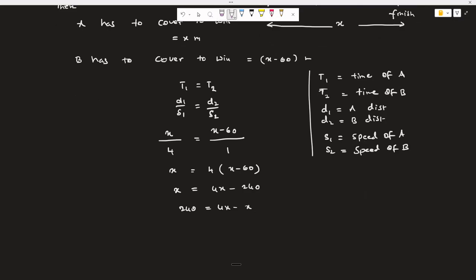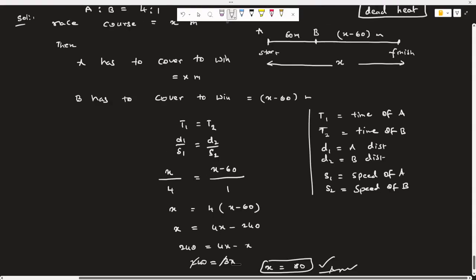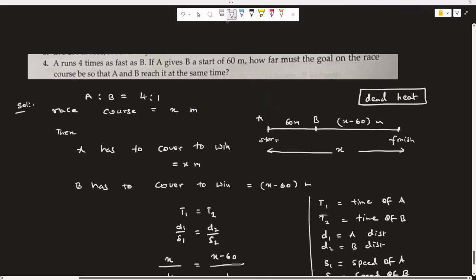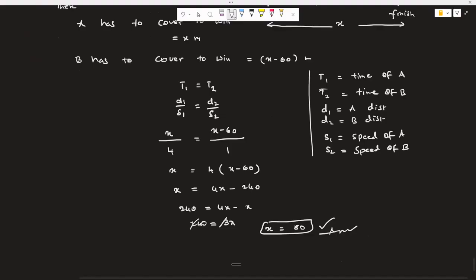Understood? Now 3X is equal to 240, and there you will get 80. So X is equal to 80. That is the answer of this question, where X indicates the race course. That was the problem. Understood?